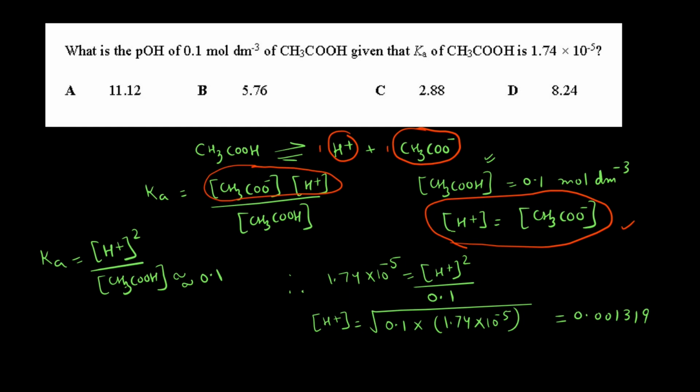Then we can find the pH. pH is minus log to the base 10 of H plus ion concentration, that is minus log of 0.001319, and this comes out to be 2.88.